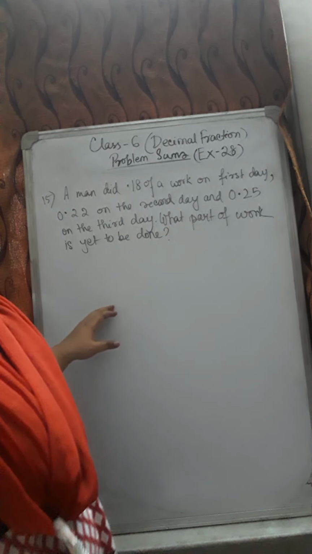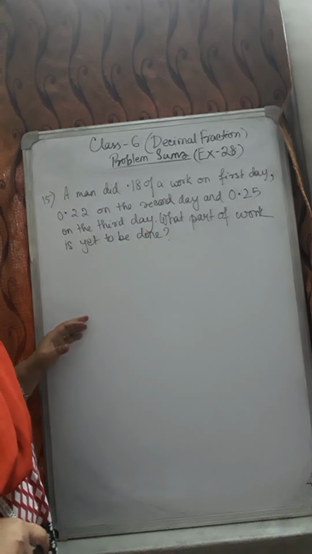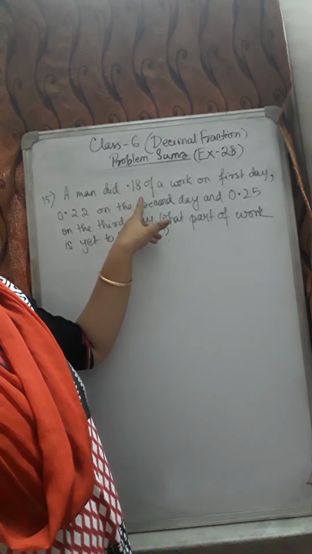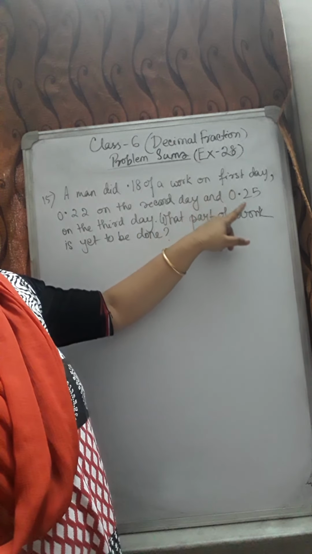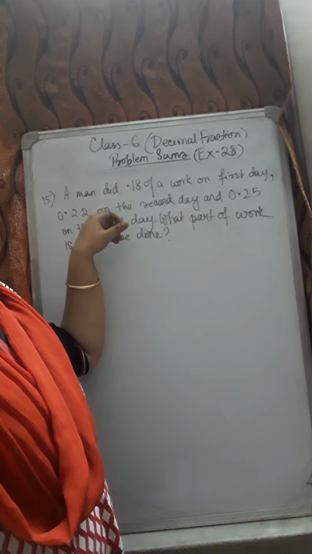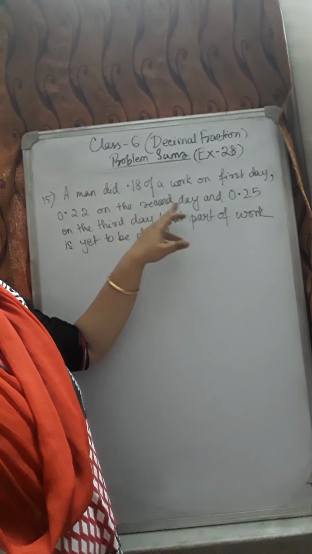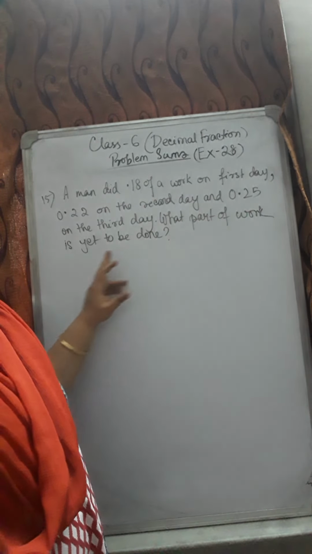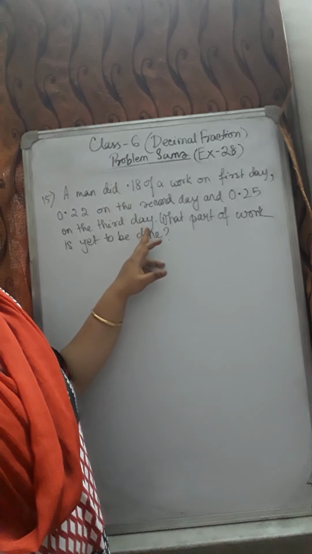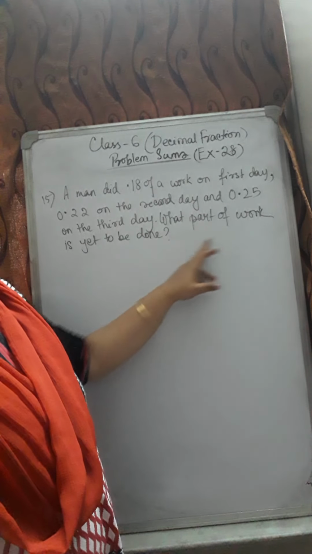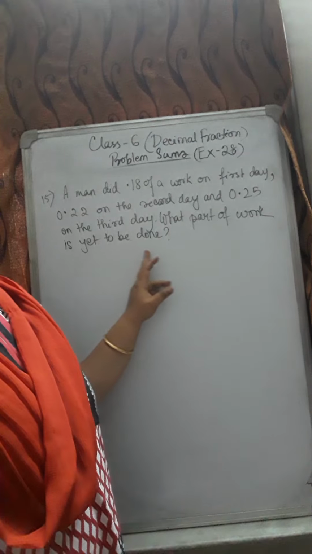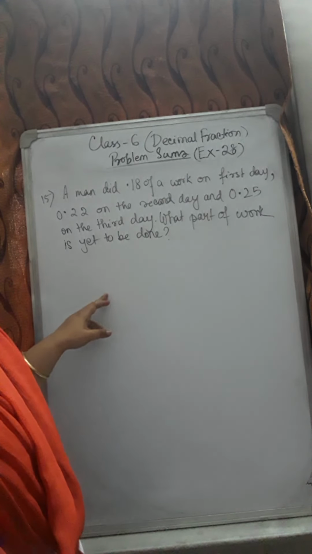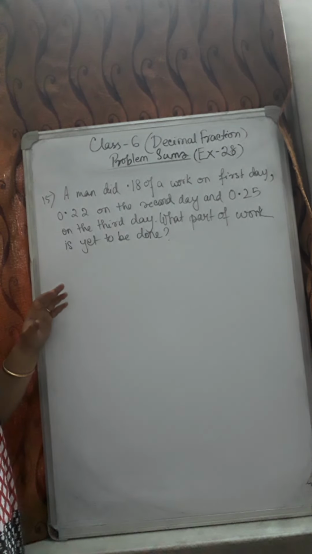Question number 15. A man did 0.18 of a work on the first day, 0.22 on the second day, and 0.25 on the third day. What part of the work is yet to be done? What is given?